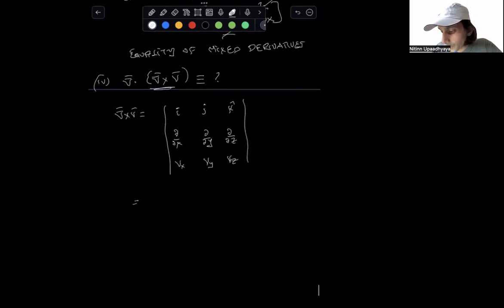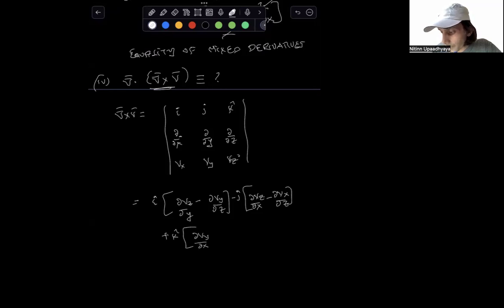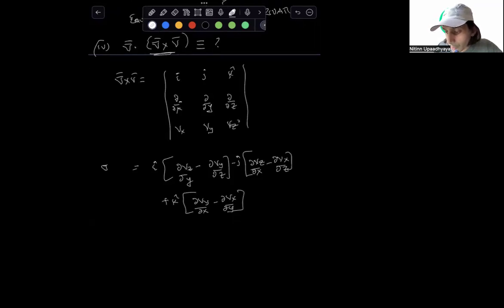You expand this determinant, and we'll find ∂Vz/∂y minus ∂Vy/∂z, that's the first component, minus j, then we have ∂Vz/∂x minus ∂Vx/∂z, plus k, ∂Vy/∂x minus ∂Vx/∂y. So that gives us the curl of V.